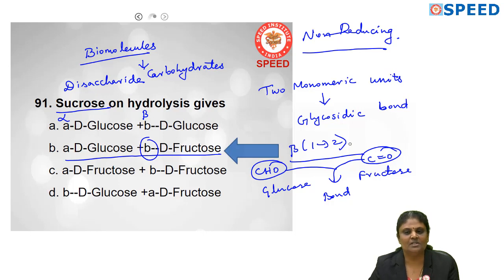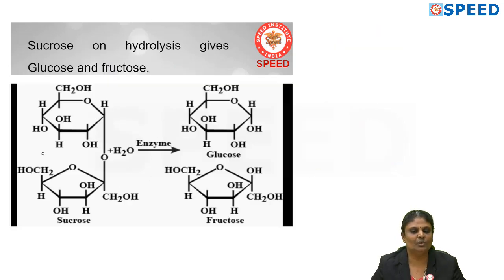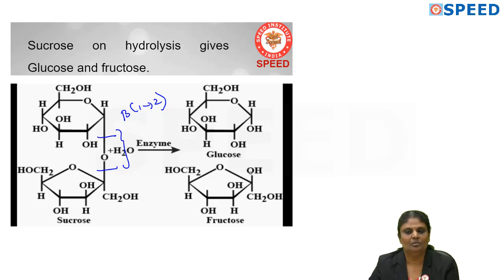This is the structure of sucrose. On enzymatic hydrolysis, the glycosidic bond is broken and you get two monomeric units: glucose, which is alpha D, and fructose, which is beta D.